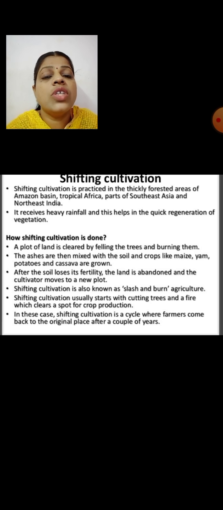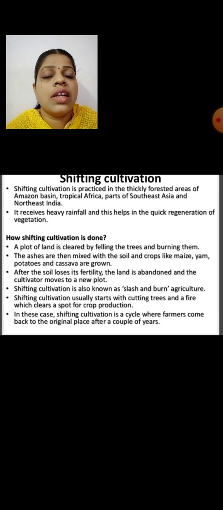And how is shifting cultivation done? At first, they find a plot of land and clear it by felling the trees and burning them.